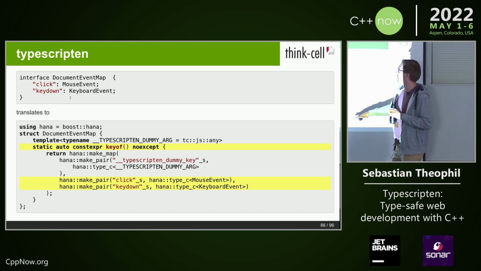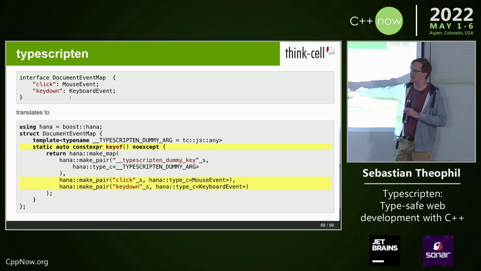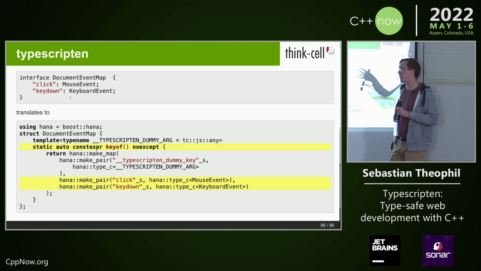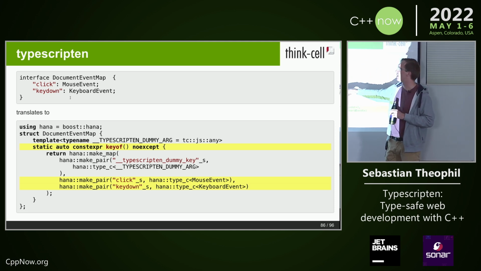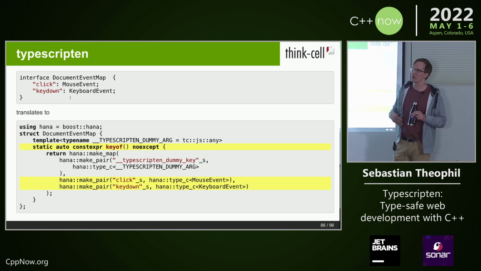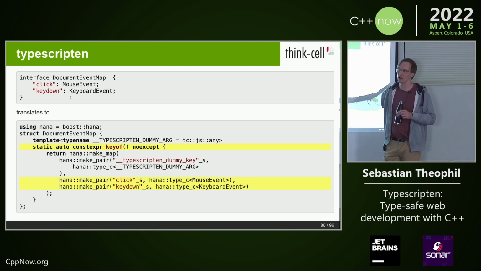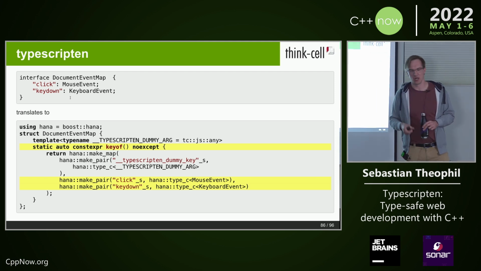I mean, typically there would be types that are written to be used in such a constraint. So I could have done a two-step compilation, find out which types are used with that keyof constraint, and only generate for those. But since this is just a valid expression in all of TypeScript to say, is that a key of that thing? I said, well, I can generate it for all of the types from the beginning.